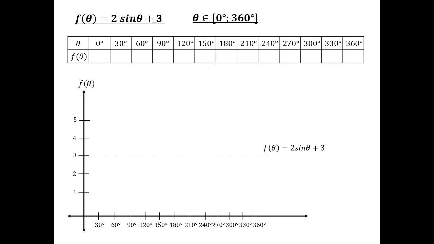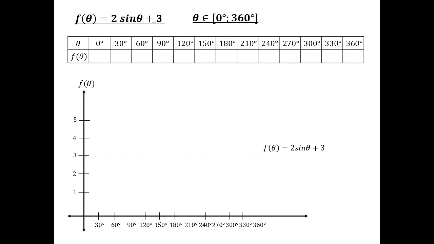Let's take a look at this example question. We are asked to sketch the graph of this trigonometric function. We have to sketch the sine function that has been modified with a coefficient and a vertical shift.